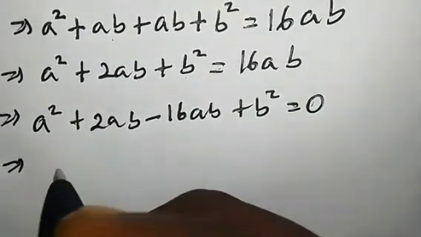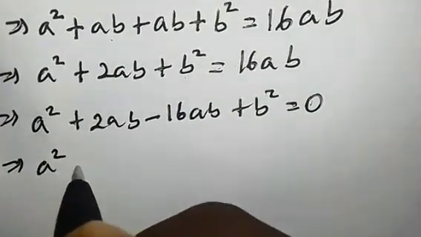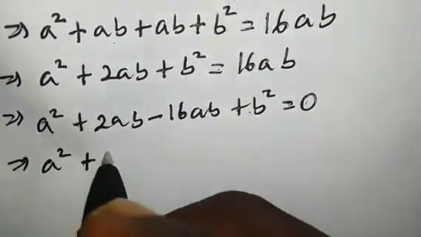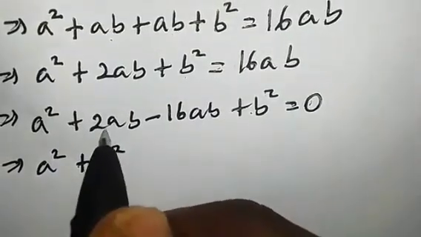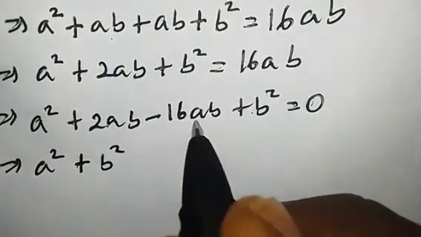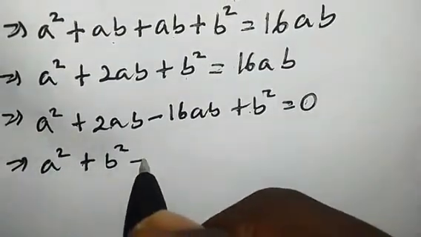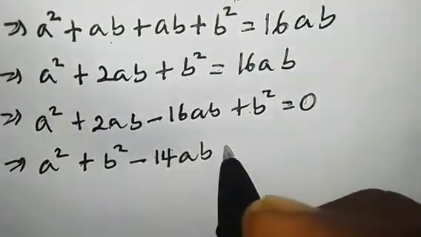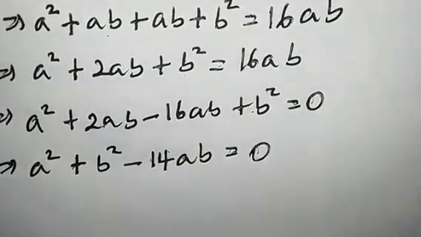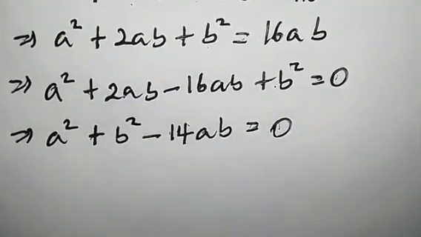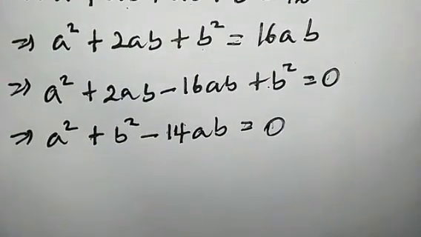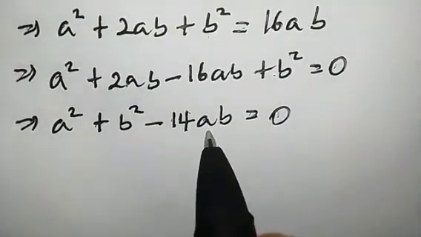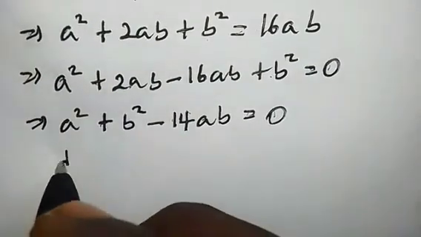This implies that a square plus b square, now 2ab minus 16ab, that is minus 14ab, equal to 0.